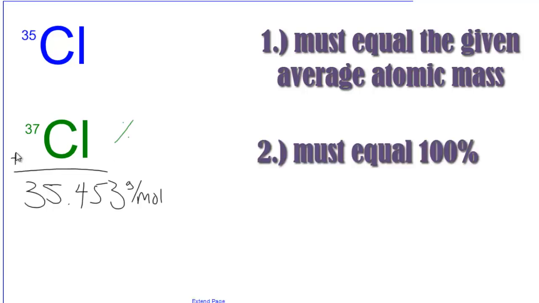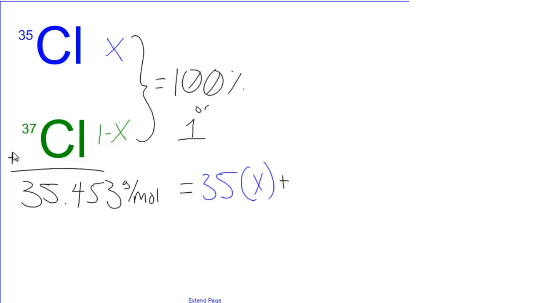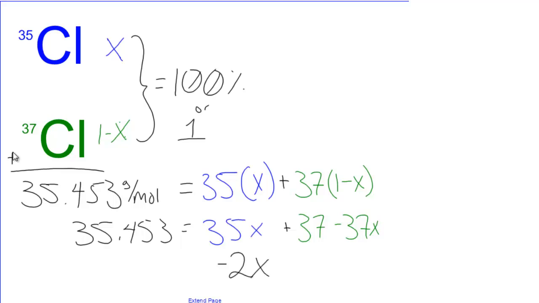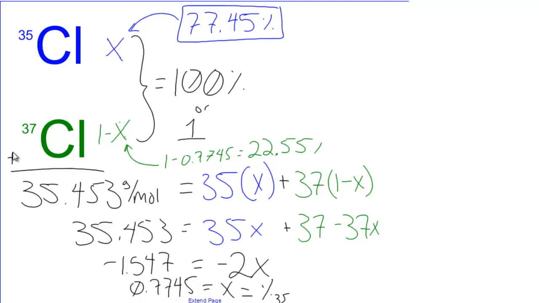Second, that both percent abundances have to equal 100% when added together, or their decimal forms have to equal 1 when added together. Therefore, if we assign the first isotope's abundance the value of X, the other must equal 1 minus X. If we plug these values into our original formula for average atomic mass and do some mathematical magic, we find chlorine-35 occurs 77.4% of the time, and chlorine-37 only 22.6% of the time.